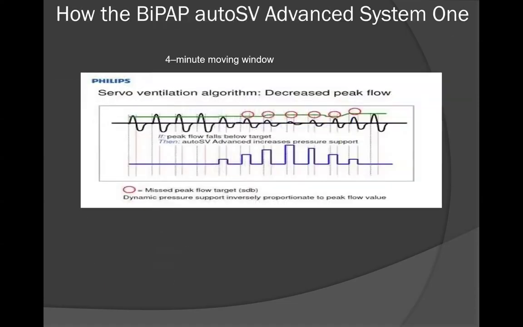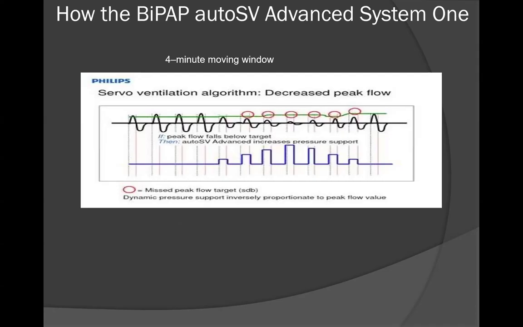Now, this is the other algorithm. The first one was Resmed, this one is Philips. So Philips doesn't calculate the minute ventilation. It doesn't calculate how much volume is in each breath. It calculates the peak flow. How high was that breath? Okay. Of course, the bigger the breath, the higher the peak, right? So that's what it monitors. And then it looks at the patient's 4-minute window.